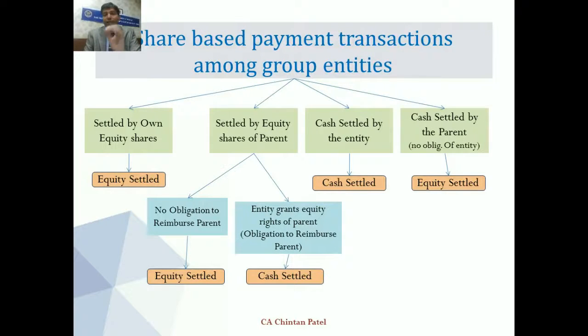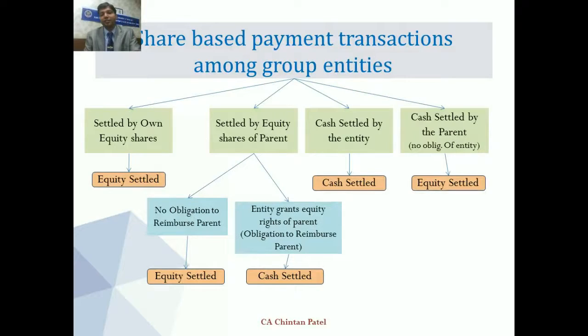But if it is settled by equity shares of the parent company, then there are two options available. One, there is an obligation on the subsidiary company to reimburse the parent company for the cost which is borne by the parent company to issue equity shares. If there is an obligation to reimburse, then it is cash settled. If there is no obligation to reimburse, then it is equity settled.